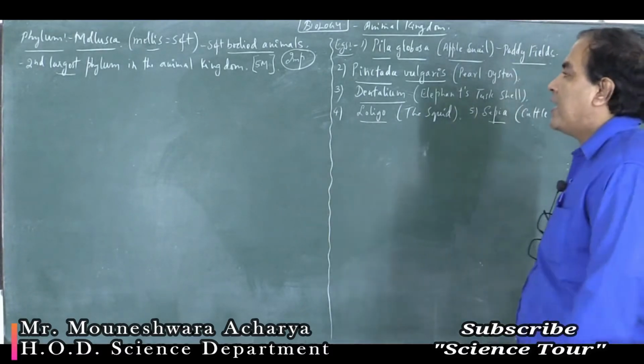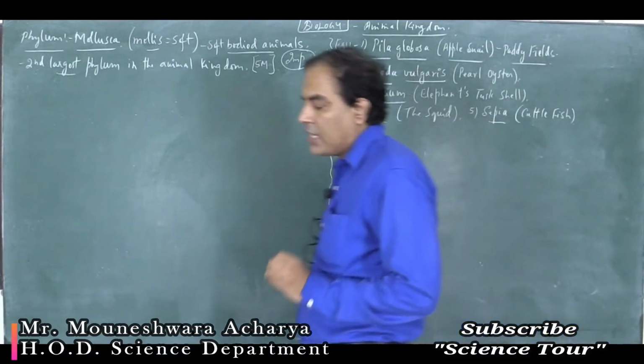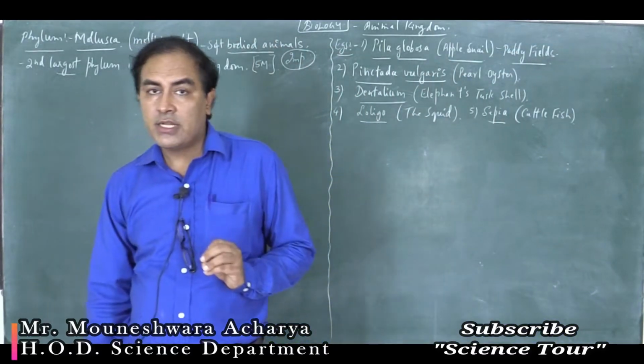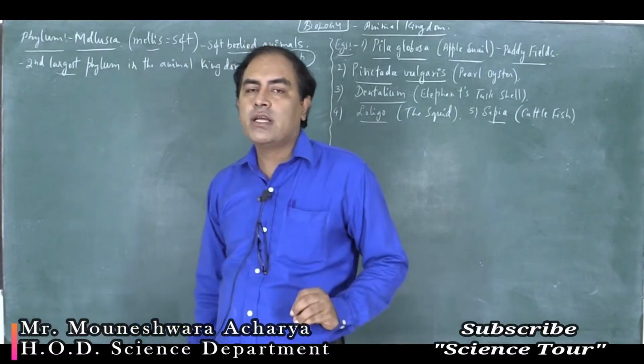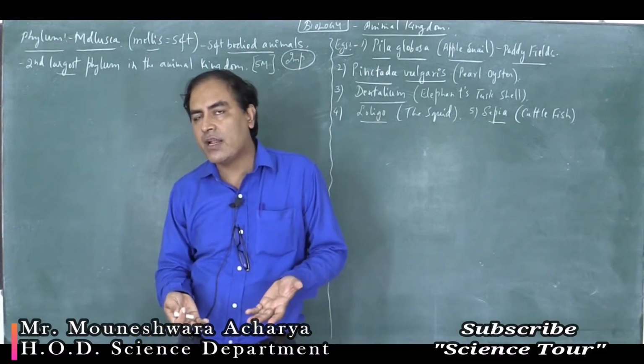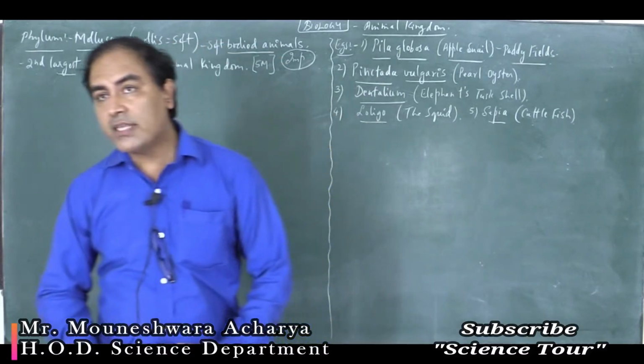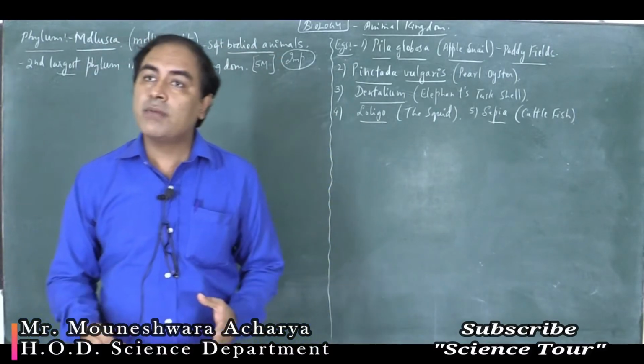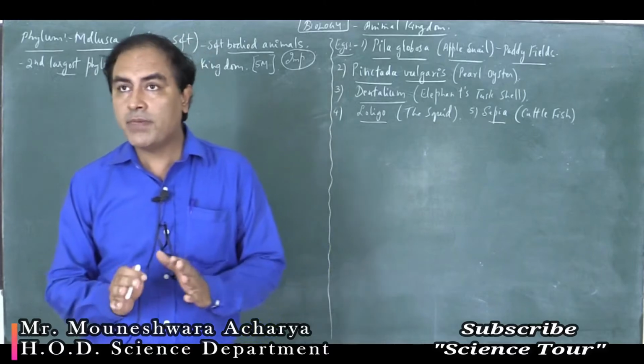The important characteristic feature of this mollusk is that they have a shell. Mostly they have a shell. If the shell is present outside the body, then it is called external, or maybe inside the body, then it is called internal. Or sometimes altogether the shell may be absent.